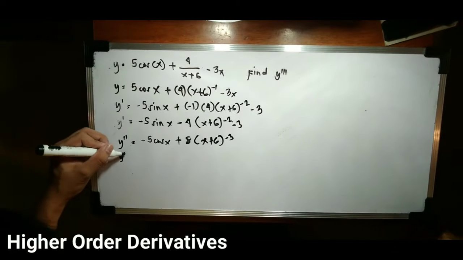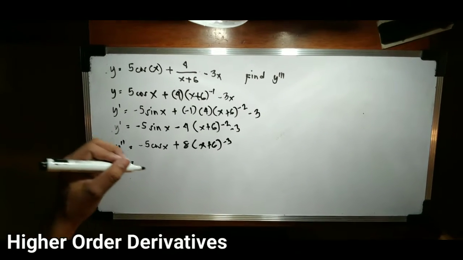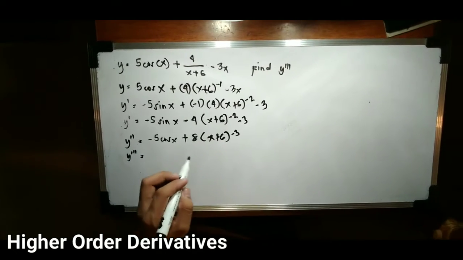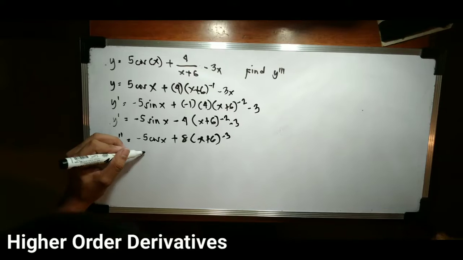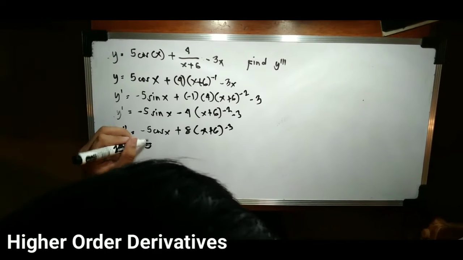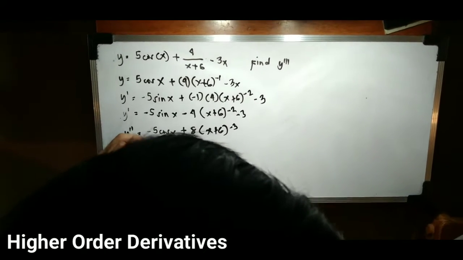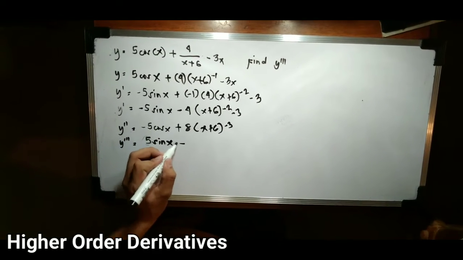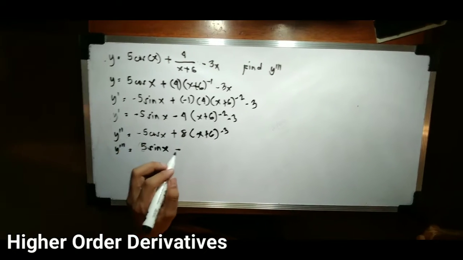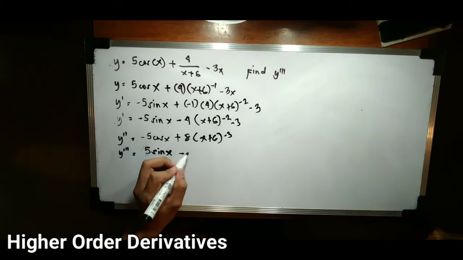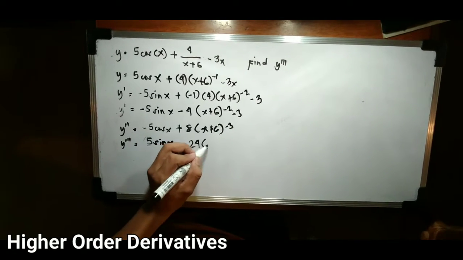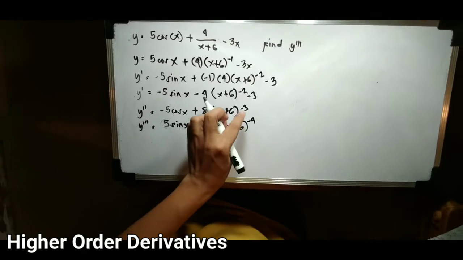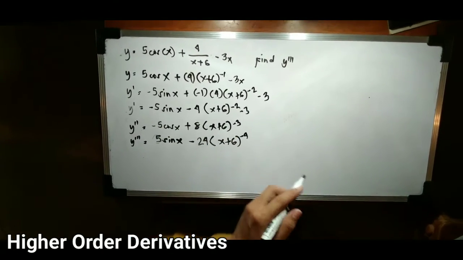We will now get the third derivative. For the third derivative, we have a negative 5 cosine x. So the derivative of negative 5 cosine x is 5 sine x. So minus, negative 3 times 8 is equal to negative 24 times x plus 6 raised to negative 4, due to the fact that negative 3 minus 1 is equal to negative 4.